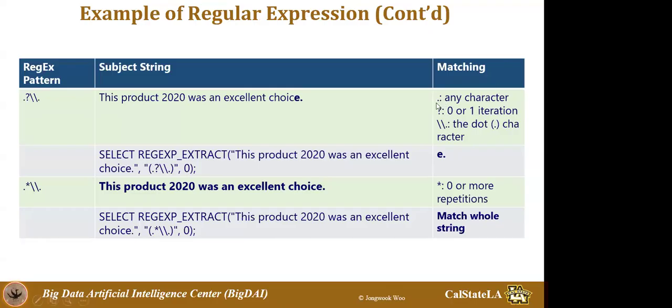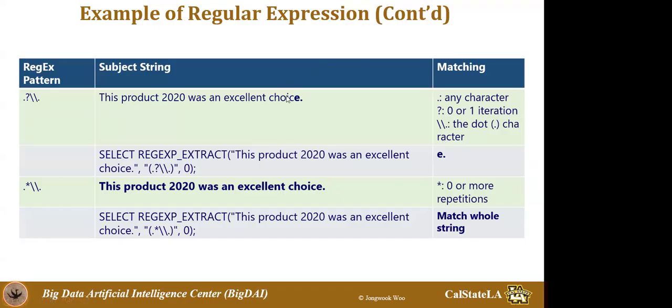Also, the question mark means the previous pattern character could occur 0 or 1 time. 0 times means it may not occur; 1 time means this character shows up 1 time. And then you could also have a double backslash dot, like a double backslash period. It means that this is the dot character, the period character.